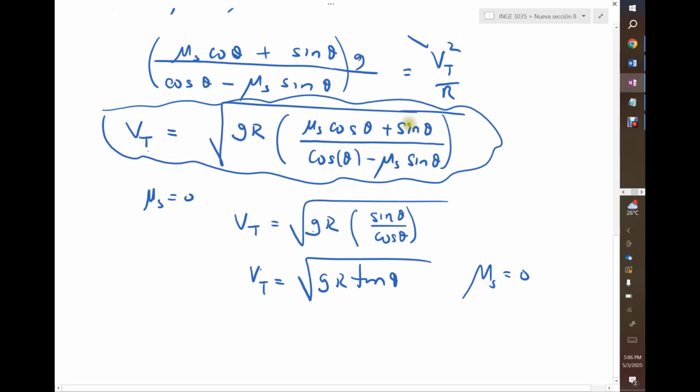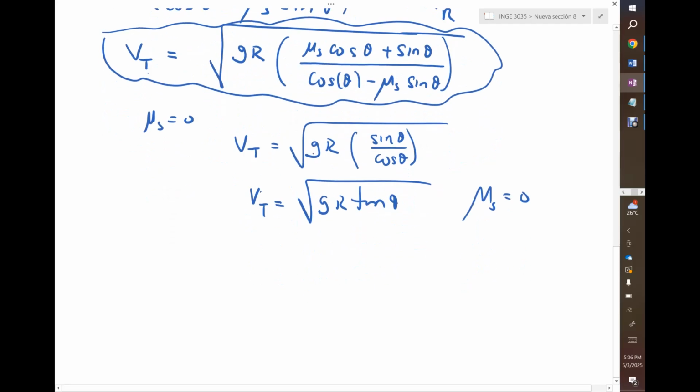If theta is 0, there's no angle, so all the sines are gone, and you end up with mu s, and the cosine of theta cancels out. So in the particular case that theta equals 0, you end up that bt equals the square root of gr mu.